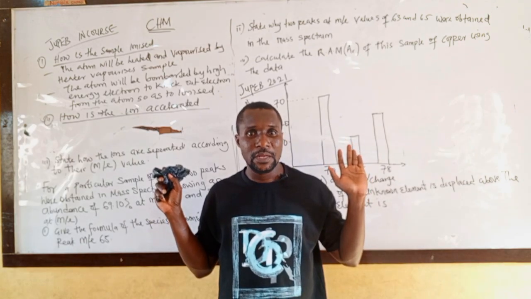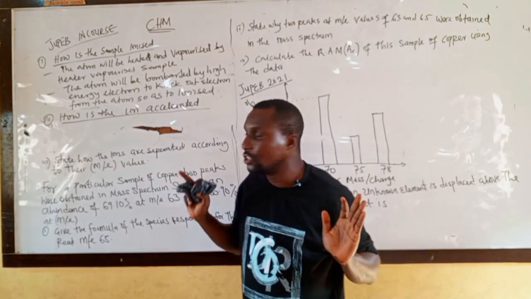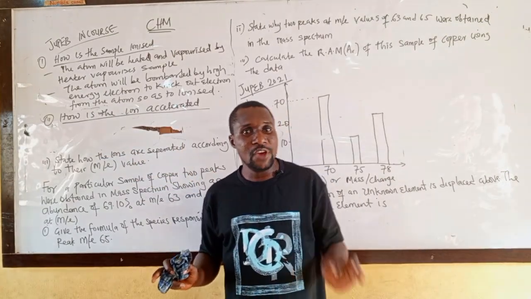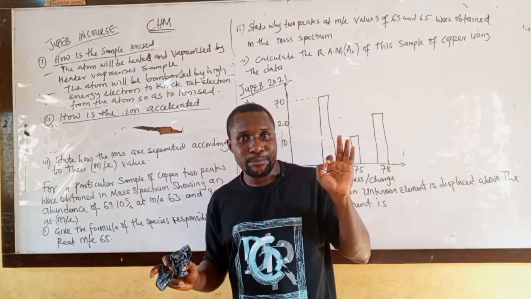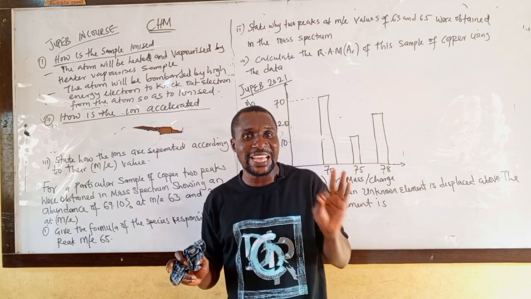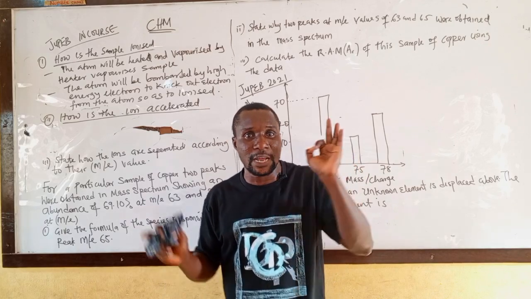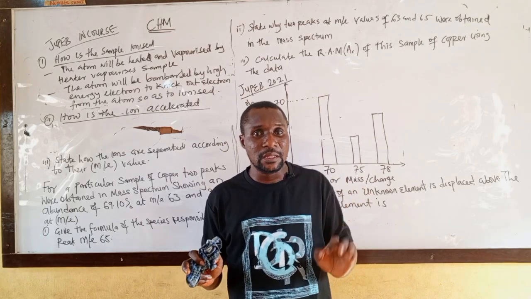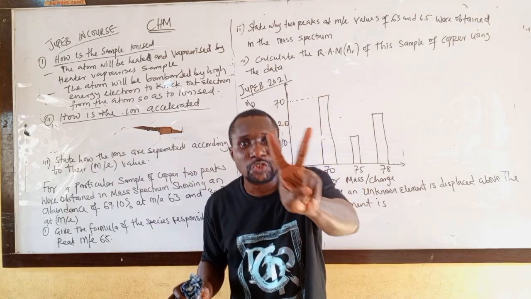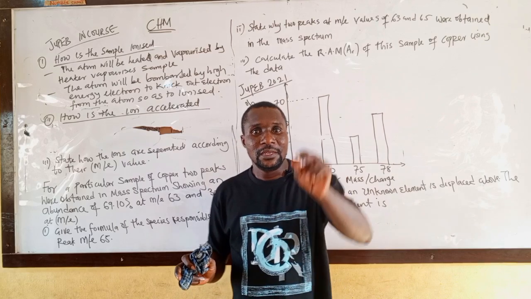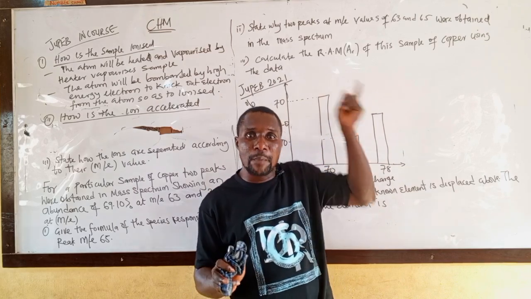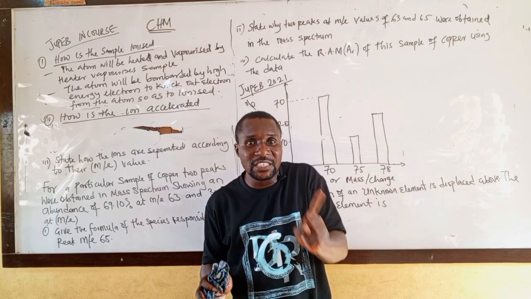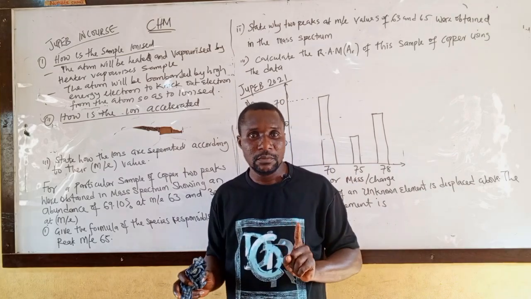Let me repeat the answer to the second question. How are the ions accelerated? The ion will pass through the ion accelerator plate made of two electric plates. The positively charged copper will be repelled by the positively charged plate.